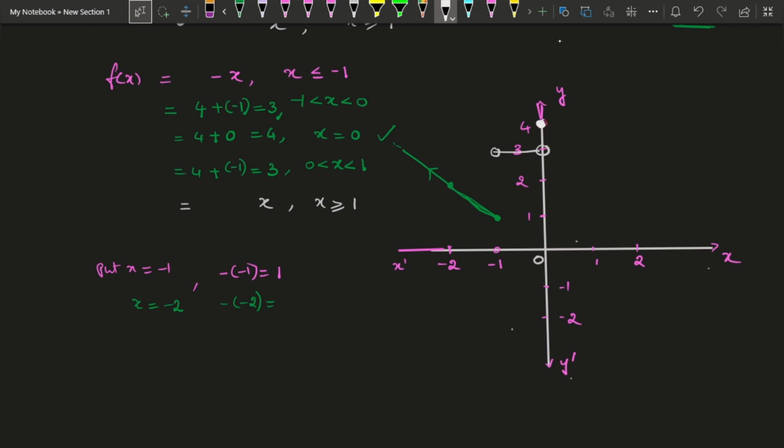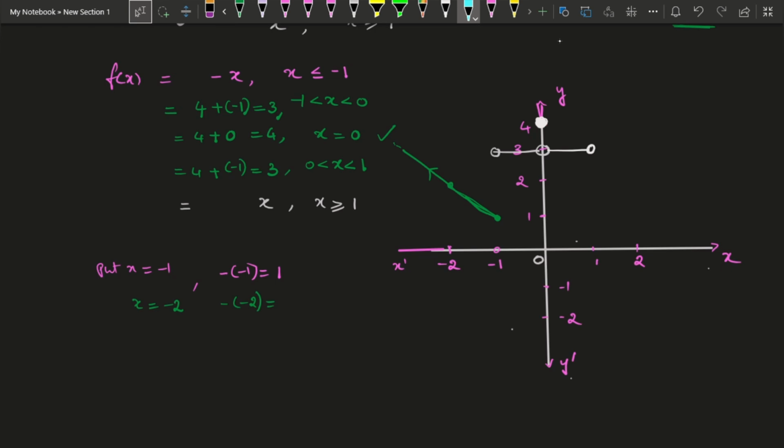Next, again between 0 and 1, it is defined as 3. It is also a constant function. Here the endpoints are not included, so it is broken at 0. Okay, so this is 4. Now this point is included: at the origin it is 4.